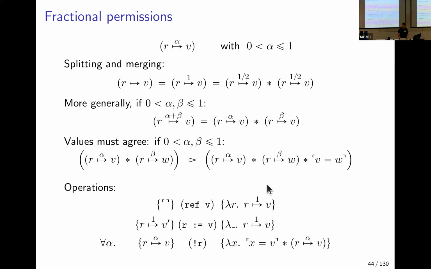And the basic operations can be specified in terms of this. The whole point is that when you read, you don't need the full fraction, you only need a part. You could say, I have not 1, I have just a fraction, but I don't know what it is. But you need to do this accounting of all of the permissions that you have distributed to function calls or whatever, in order to be able to say, I have the full permission back, so I can modify it.